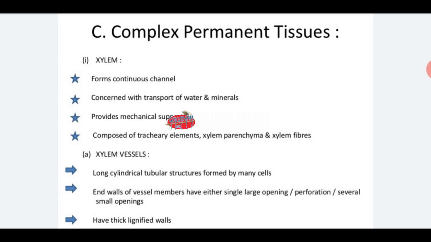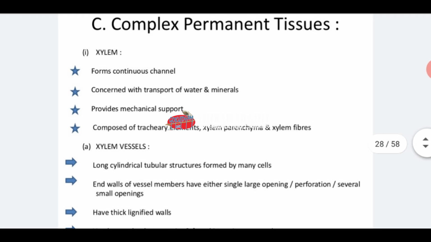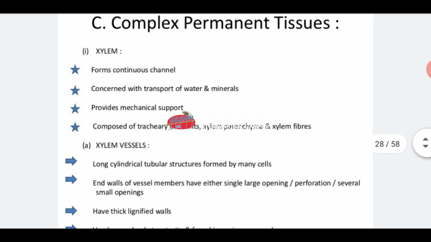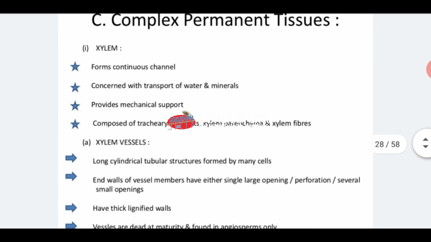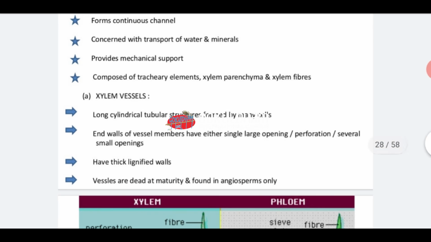It is composed of tracheid elements, xylem parenchyma, and xylem fiber. And yes, most important is xylem vessels, which are mostly found in higher plants, that is angiosperms. Now let us see each cell one by one.